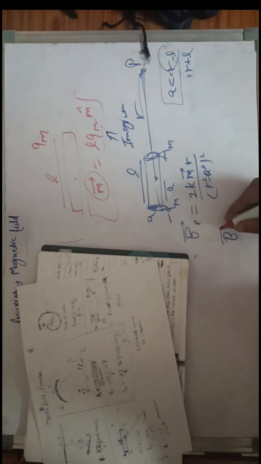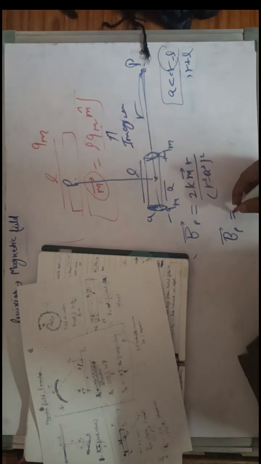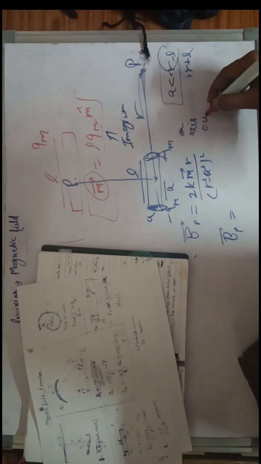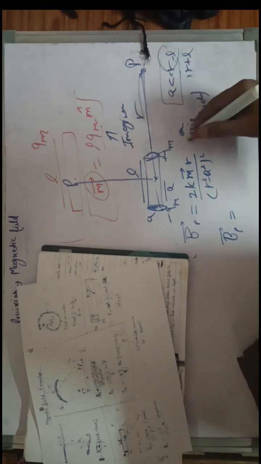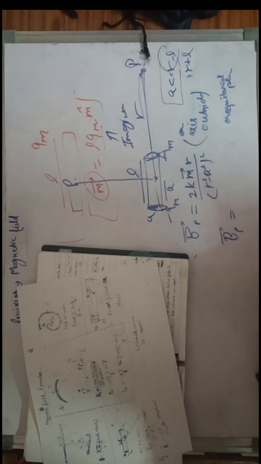and the Bp when there is a point in this equatorial plane, let's say here, this is axis, on axis, outside, and this is on the equatorial plane.